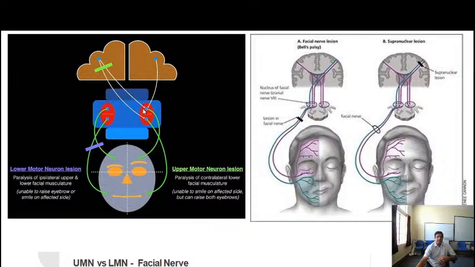So there is an overlap here. In an upper motor neuron lesion, the pathway from the cerebral cortex to the nucleus in the pons is the upper motor neuron, whereas from the nucleus to the periphery is the lower motor neuron. That is as far as the facial representation and innervation of the face is concerned.